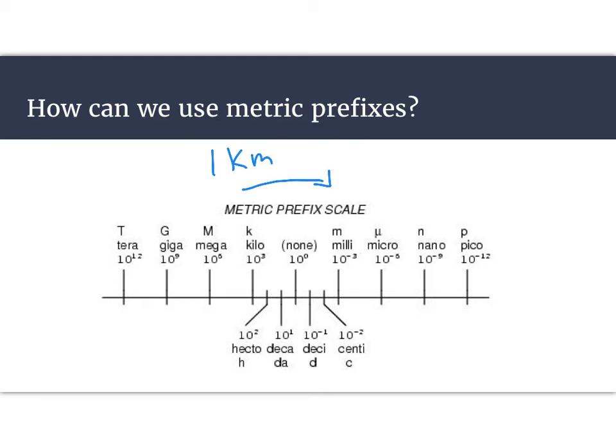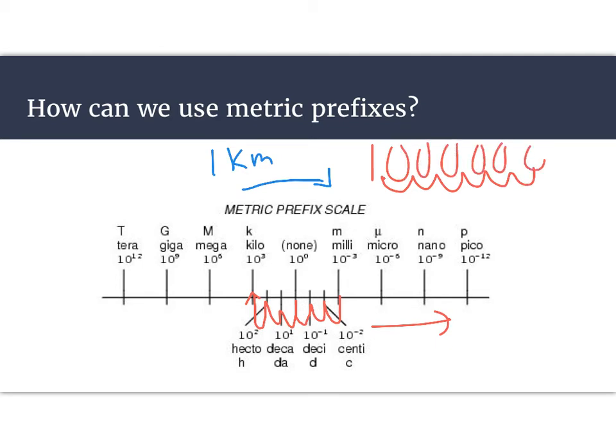I start with my 1 kilometer, which is located right here, and I move 1, 2, 3, 4, 5, 6 spaces to the right. So I can move the decimal point over from my kilometers, 1, 2, 3, 4, 5, 6. So in 1 kilometer there are 1,000,000 millimeters.